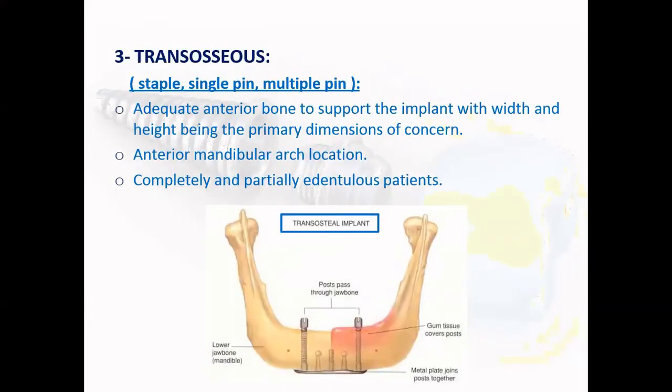And the transosseous implants should have adequate anterior bone to support the implant, with width and height being the primary dimensions of concern. Anterior mandibular arch locations are indicated for this transosseous implant. Completely and partially edentulous patients are indicated for transosseous implants.